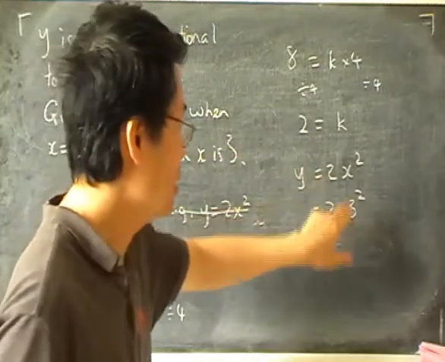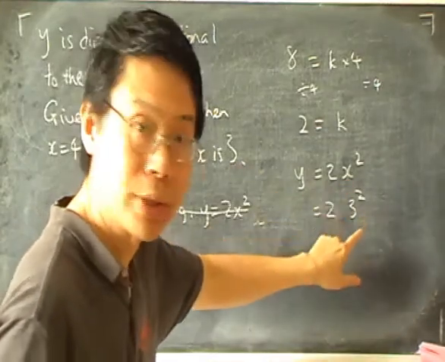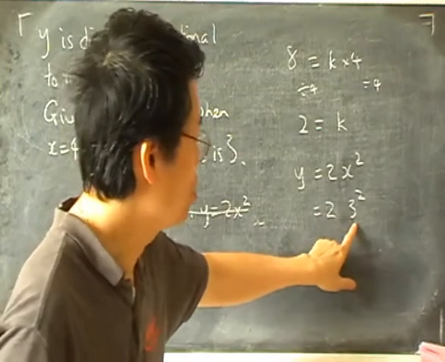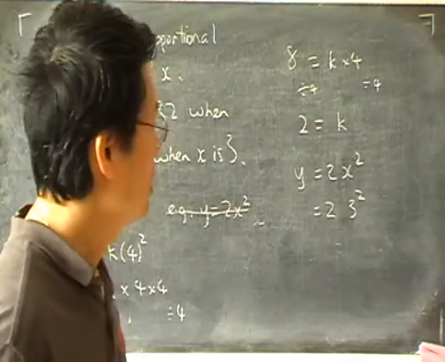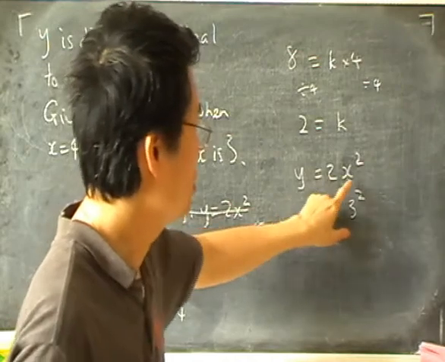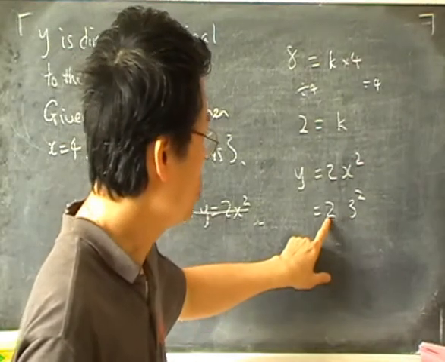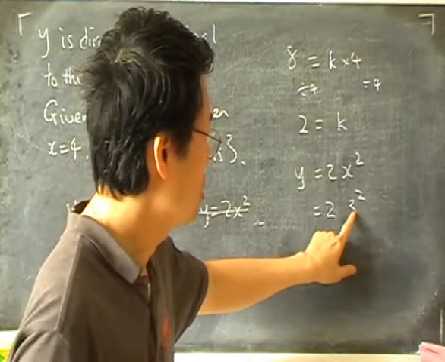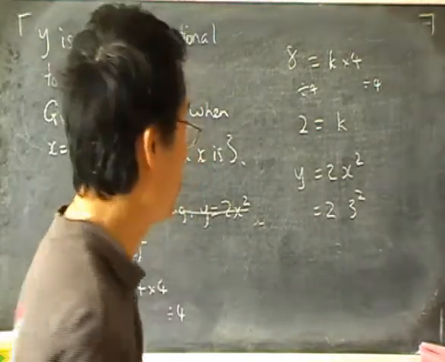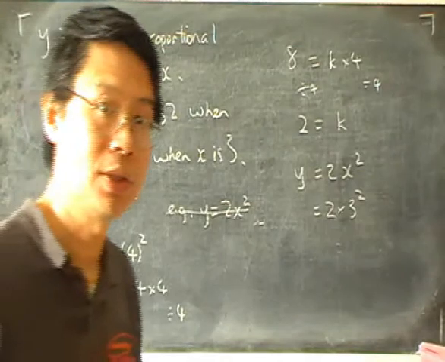When we start substituting numbers, if I just replace the x by 3, you can see that I now have something that looks like 23 squared. That's wrong, because really what we have here is 2 times x squared. That means that what I have here is really 2 times 3 squared. That's completely different from 23 squared, if I put a times in between here.